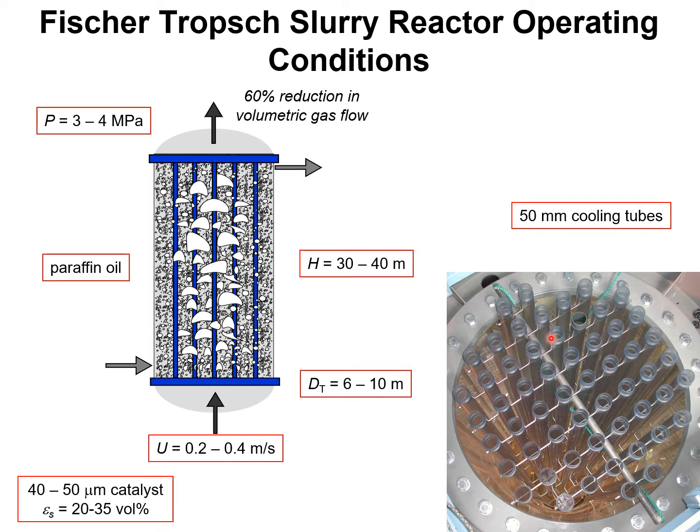Typically, the cooling tubes are about 50 millimeters in size, and to give you an indication of the intertube spacing, I show here a mock-up reactor that was used to investigate the bubble column hydrodynamics. This gives you an indication how close the cooling tubes are. So another factor that needs to be taken into consideration is the influence of the presence of the cooling tubes on the bubble column reactor hydrodynamics.